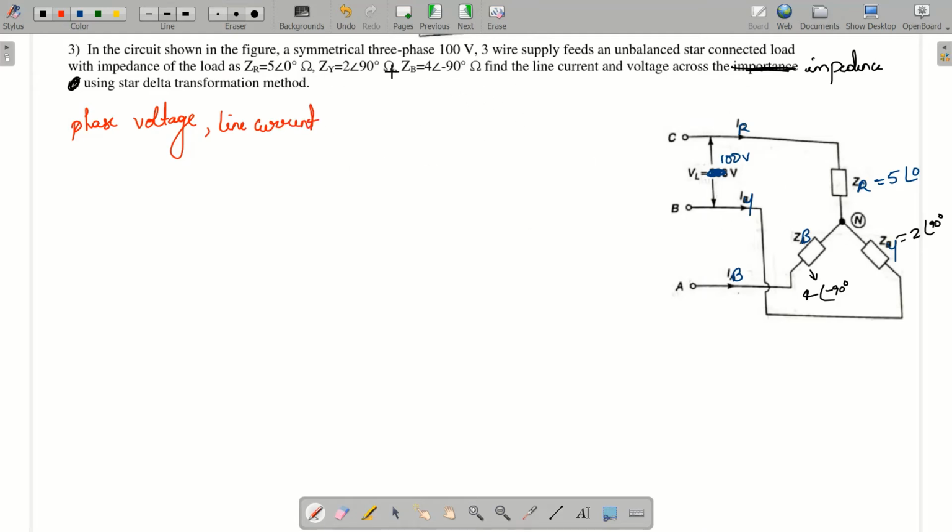So, under which type of problem does this come? 3 phase 3 wire star connected unbalanced. 3 phase 3 wire delta connected unbalanced we have solved, 3 phase 4 wire star connected unbalanced also we have solved, but here they were asking 3 phase 3 wire star connected unbalanced. And they were asking to find the solution by using star delta transformation, right.